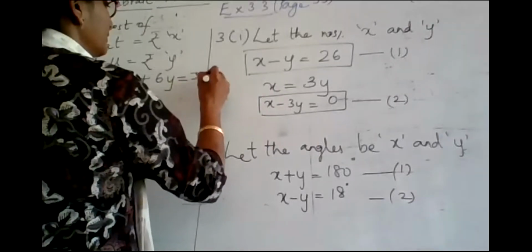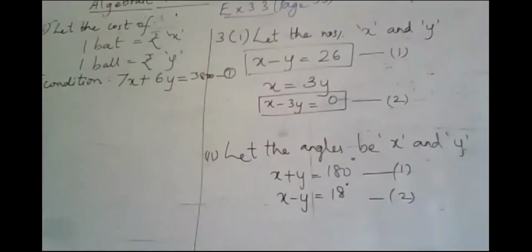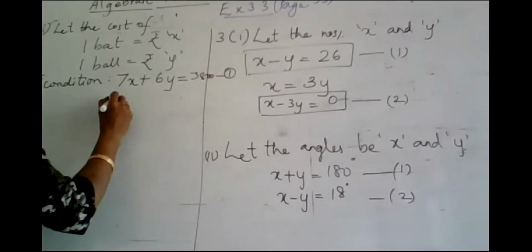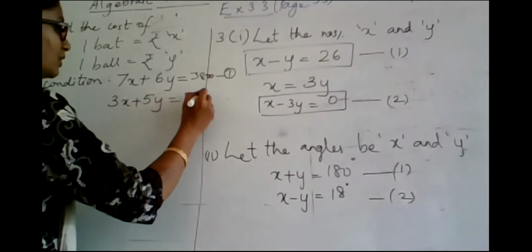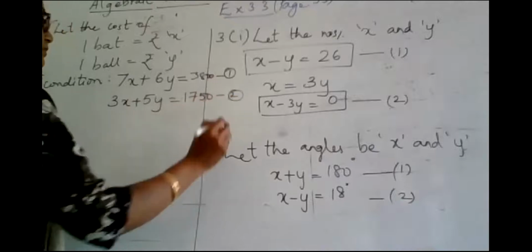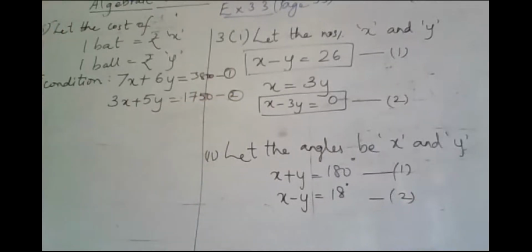So this is my first equation. Then later, she goes for the second purchase: 3 bats and 5 balls, and the cost was 1,750. That's my second equation. It's very simple. Are you able to follow? Leave the page there because you have to solve them using the substitution method.